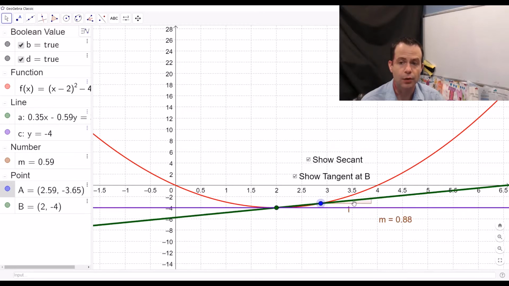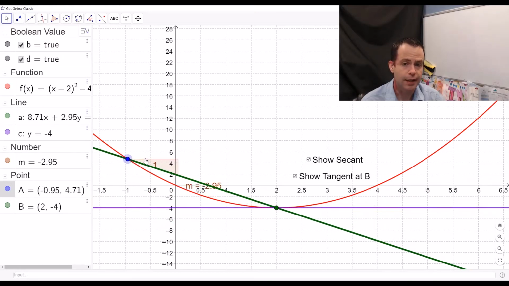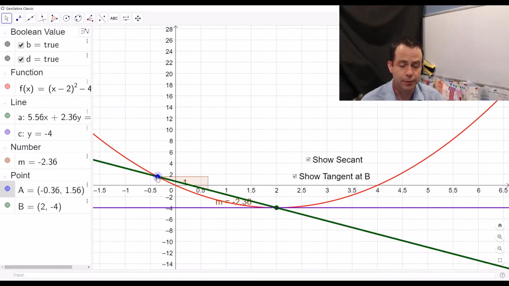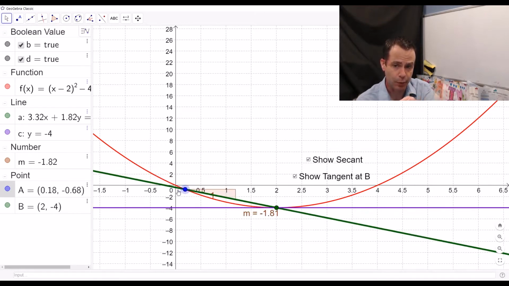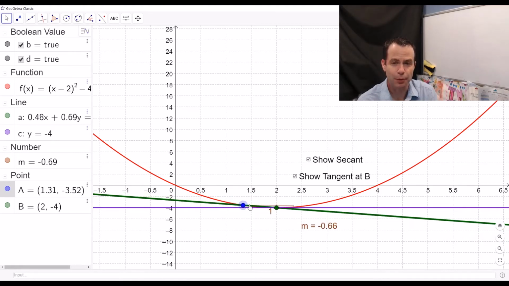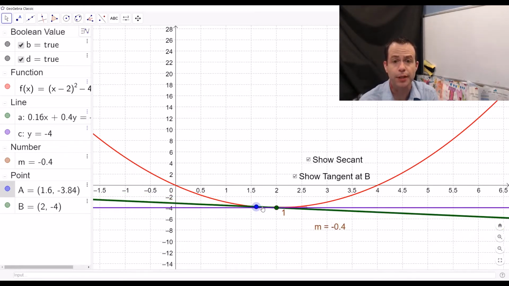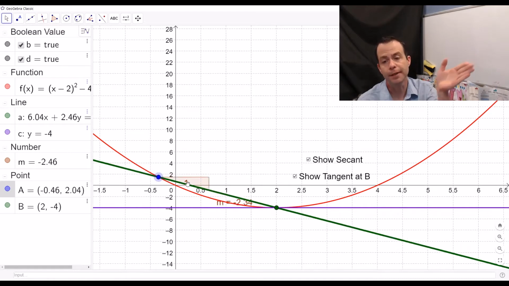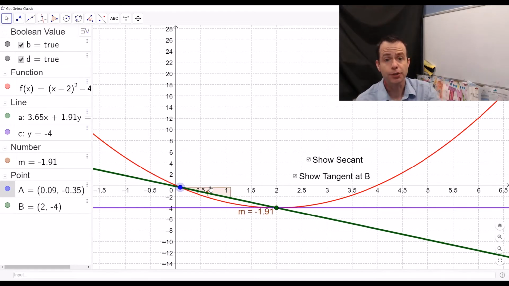If I was on the other side, same thing would happen, except that all my slopes are negative. You can see there that it's -1.9, -1.7, -1.4. And as I approach that point of tangency, the slope of the secant approaches the slope of the tangent line.